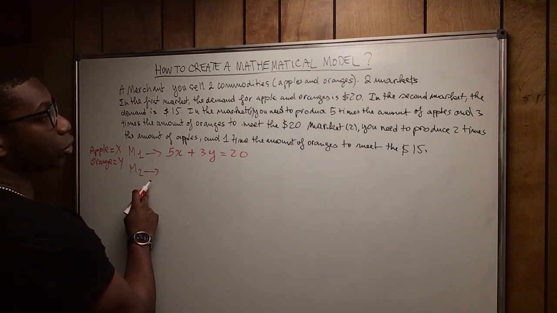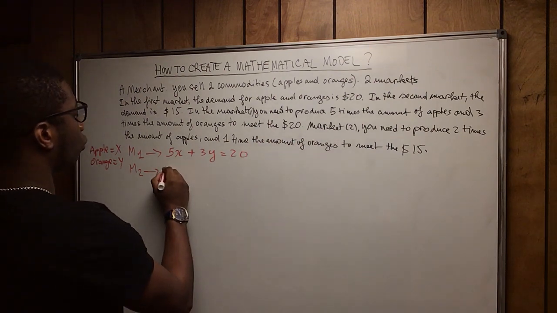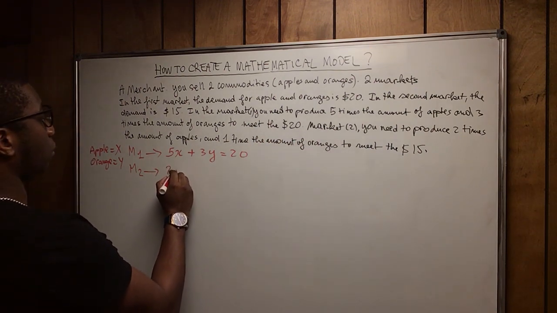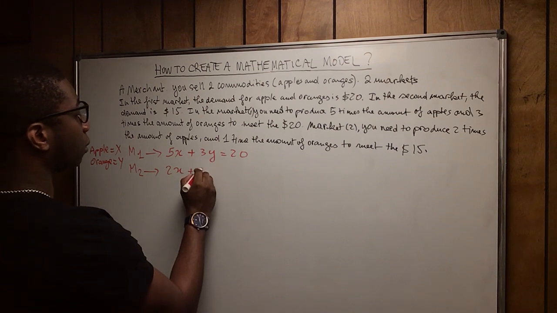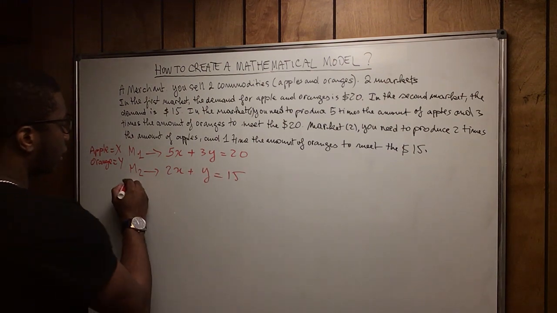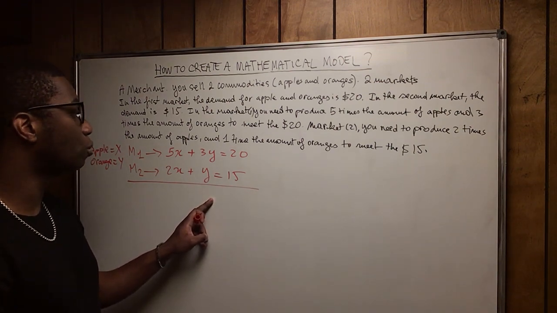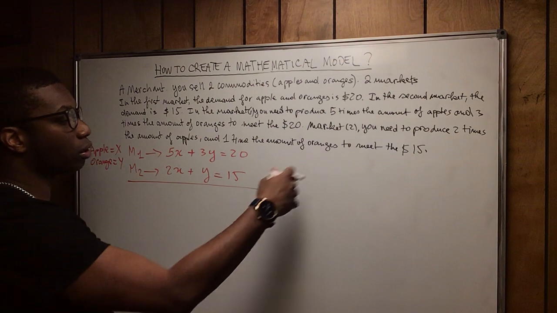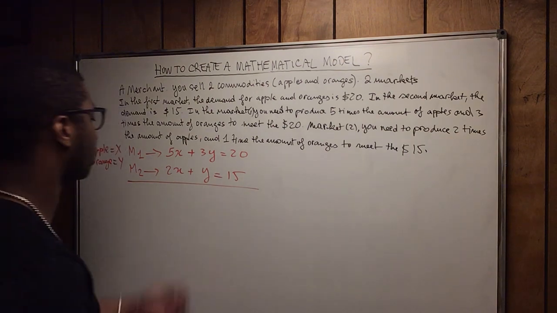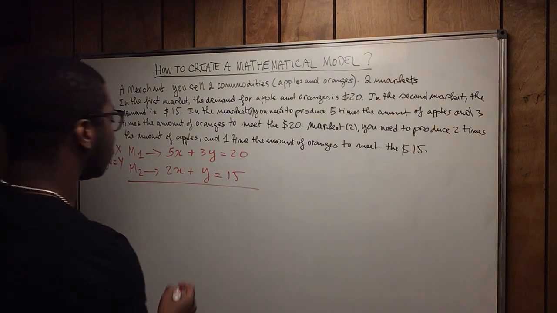And then in market 2, you have 2x plus 1y equals 15. This is your mathematical model, and then you can either use substitution or elimination to solve this. I can try to solve it real quick.